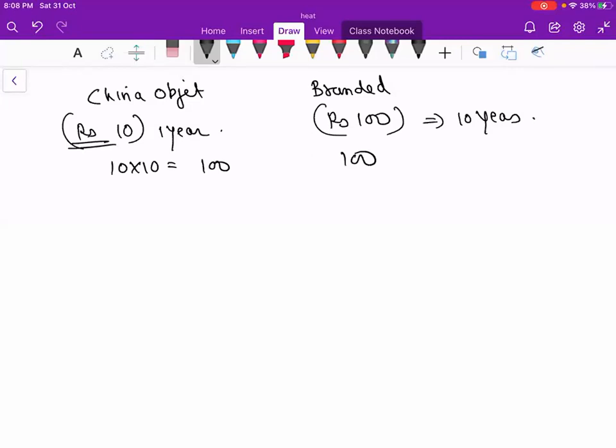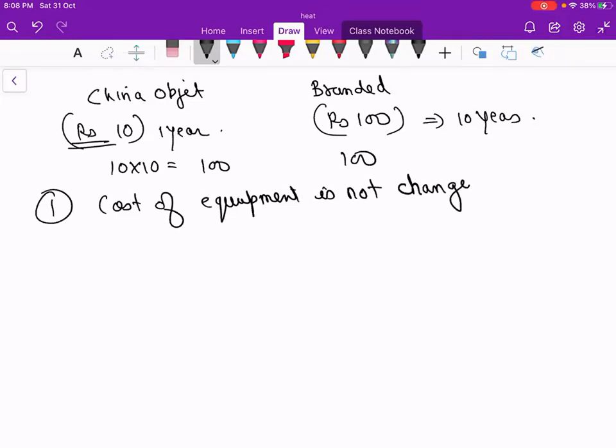Some are saying that compound interest will come. Yeah, that is why for capitalized cost there are certain assumptions. One assumption, write that again: cost of the equipment is not changing. If it is changed, if the next year it will be 11 rupees, obviously then it is different. These are the assumptions, you can write these assumptions.